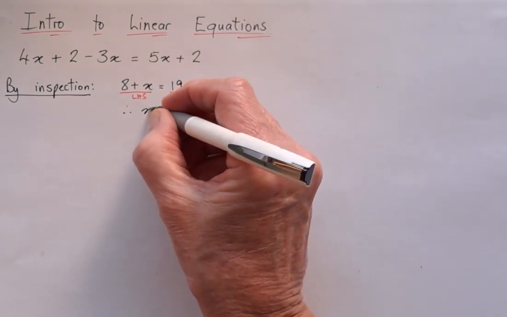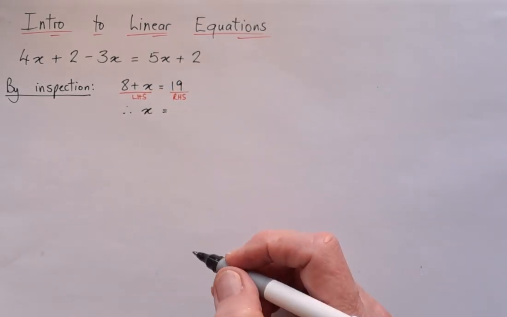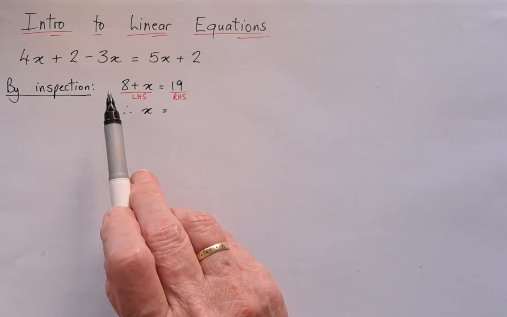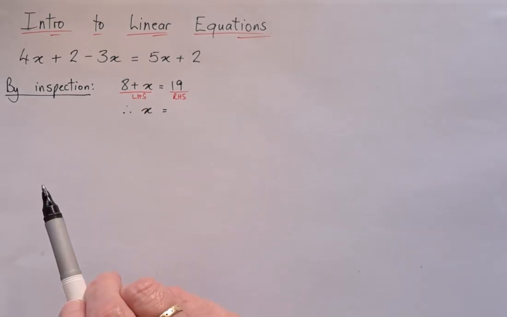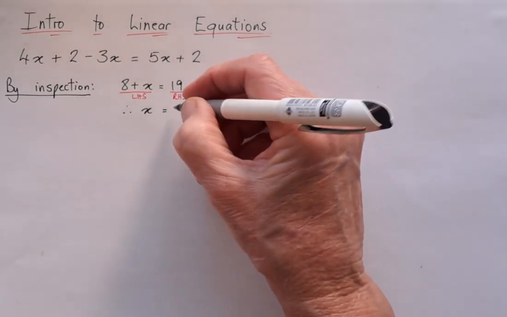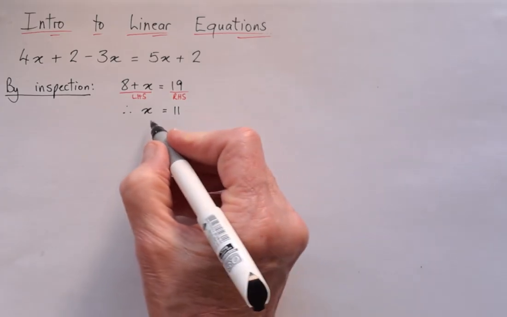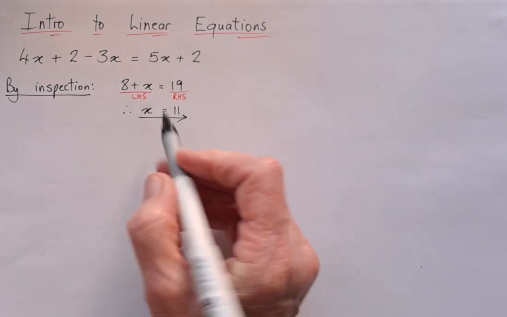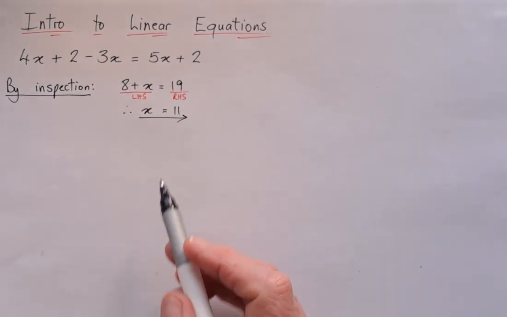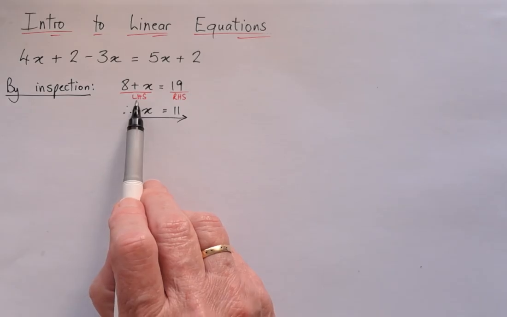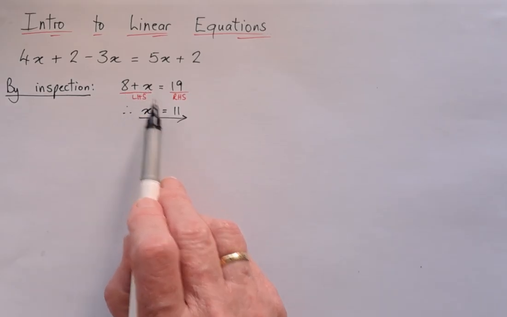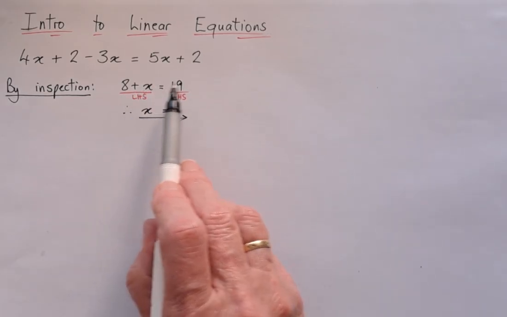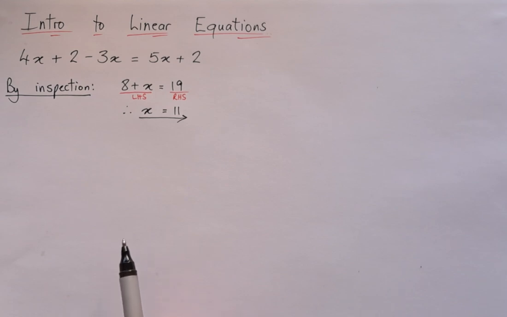So once we've done that, we're simply going to write x is equal to, and then 8 plus x to give us 19 is going to have to be 8 plus 11. So the value of 11 for x will make the statement true because the left-hand side will then become 8 plus 11, which is 19, and the right-hand side is 19, so we've made the statement true.